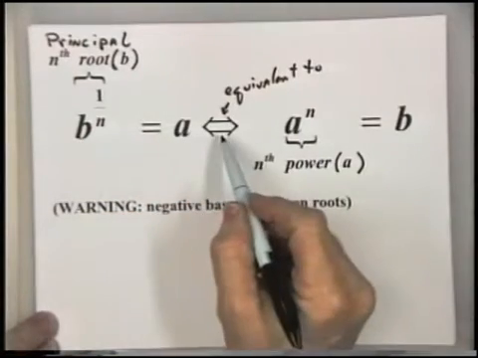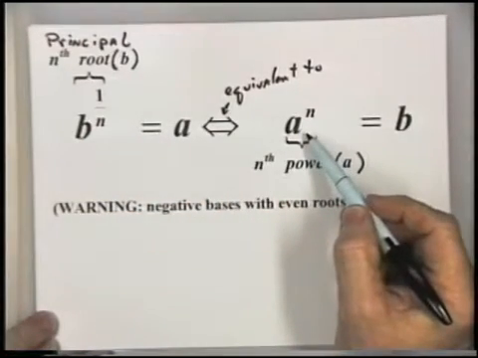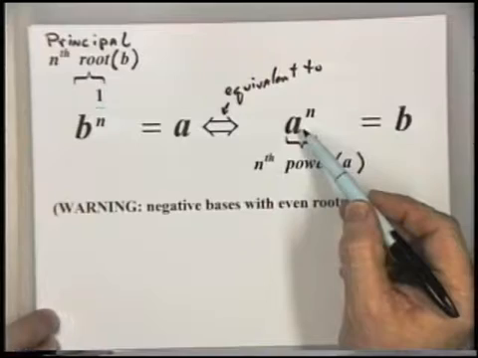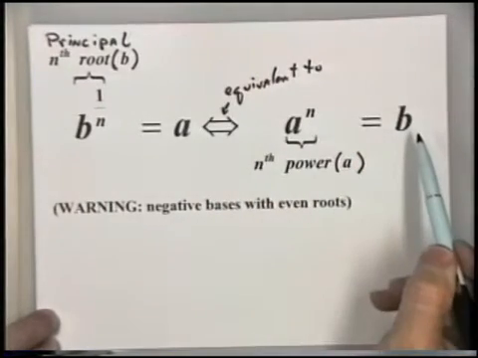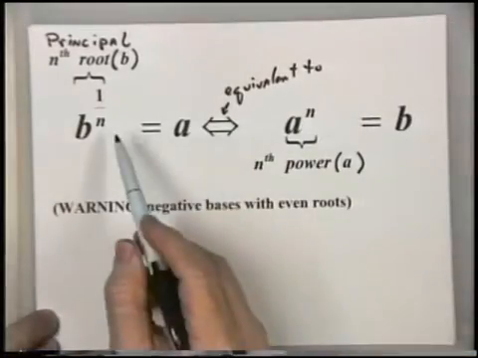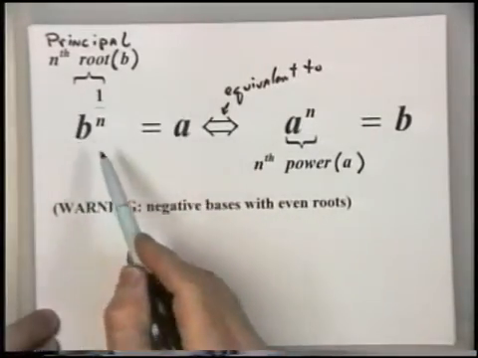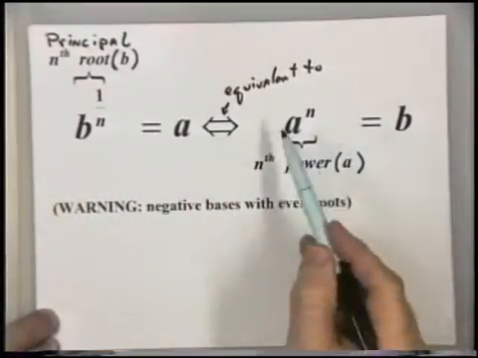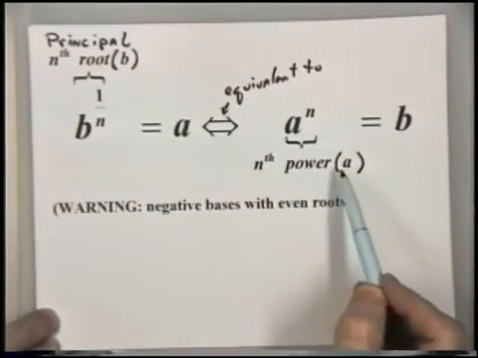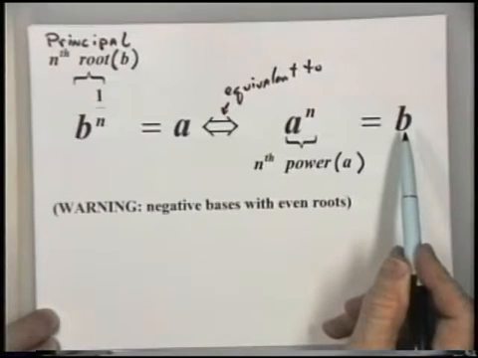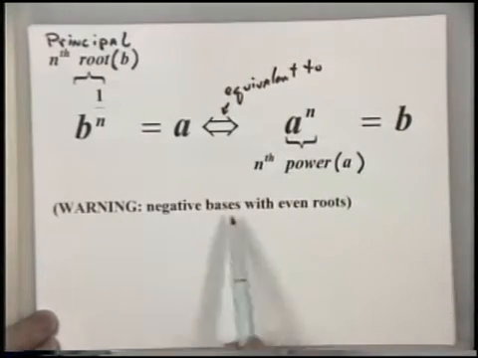So b to the 1 over n equals a is equivalent to saying that a is that unique number that you can raise to the nth power and get b. So anytime you have a root statement like this, you can change it into a power statement like this, because the nth power of a will give me b.